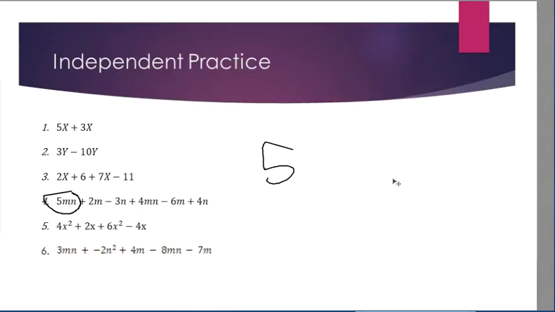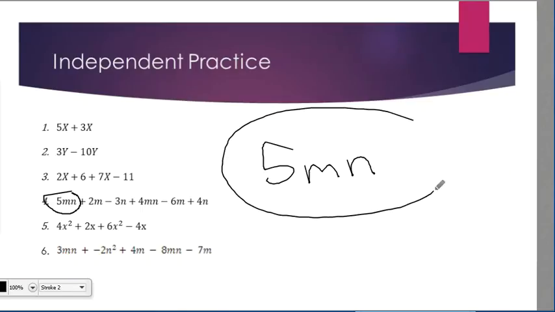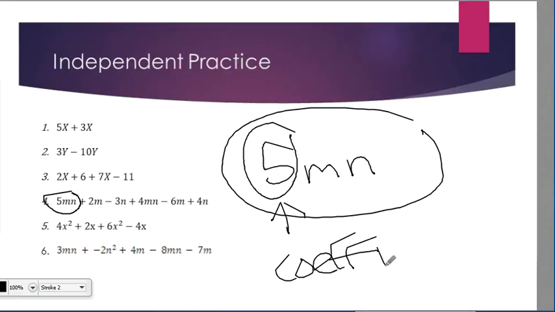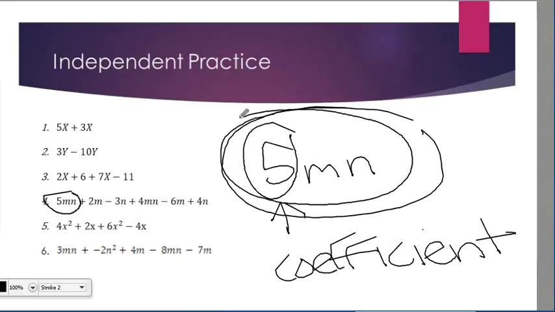This would be considered one term. The number part of the term is called the coefficient. Okay, so remember, terms can be separated by addition or subtraction. If there is just multiplication happening, that is the same term.